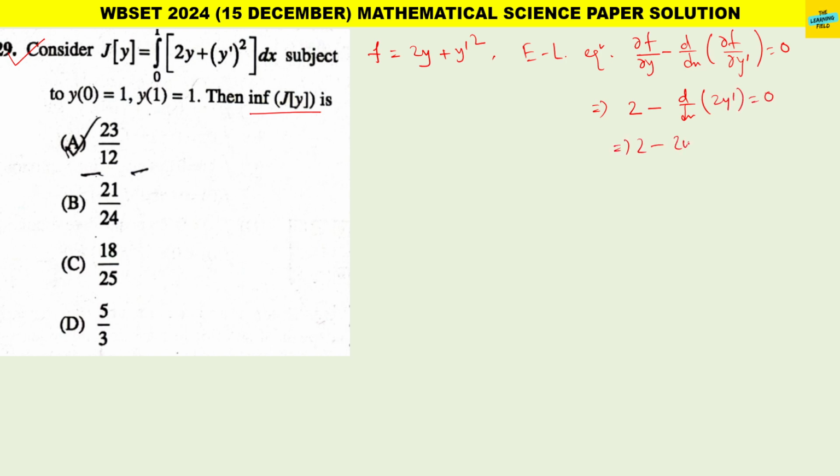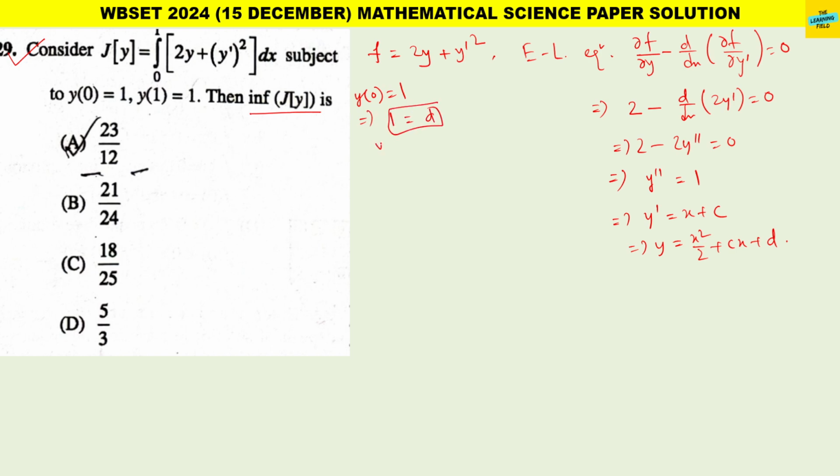2 minus 2y double dash is 0. y double dash is equal to 1. y dash equals x plus a constant. y equals x squared by 2 plus cx plus d, where c and d are constants. Now applying y(0) equal to 1, we get 1 equal to d.